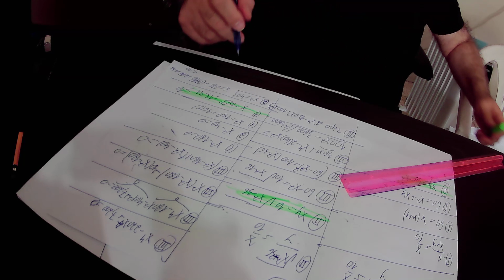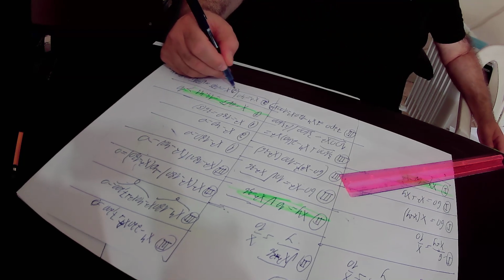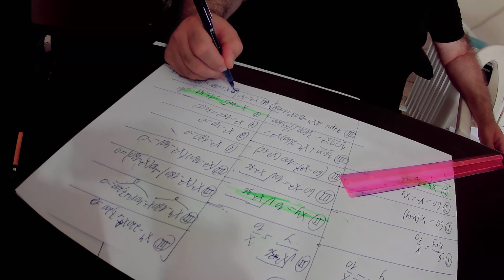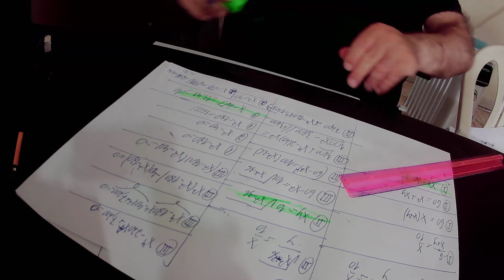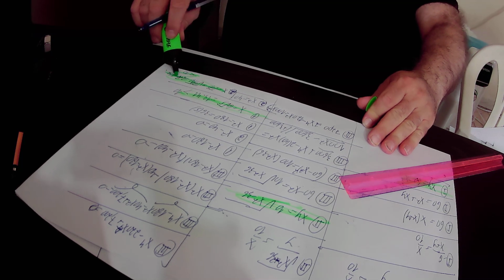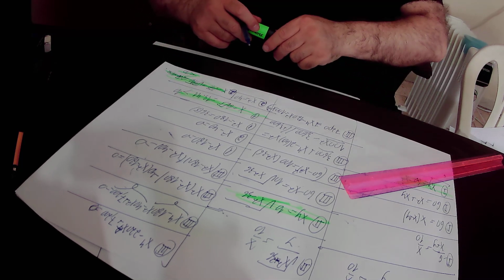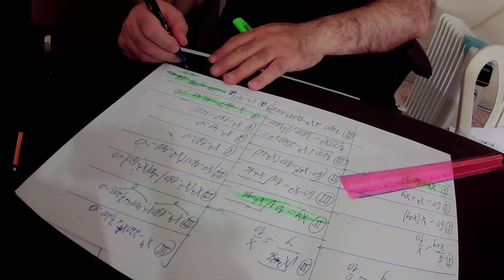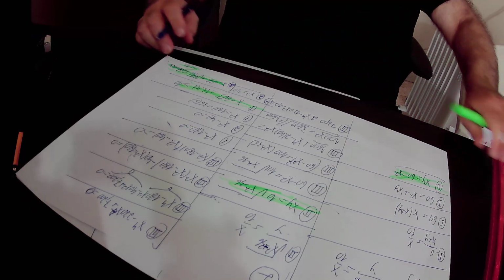I repeat again. According to the second solution, we found out that x is equal to 2 times square root of 10 units. That is actually 6.32 units. That is less than 10 units.